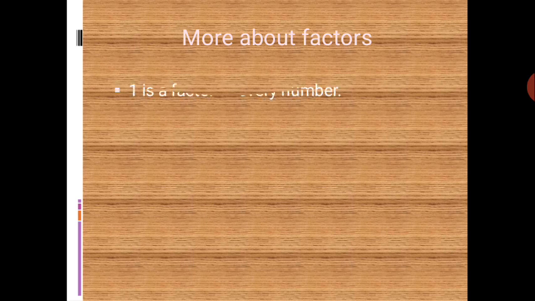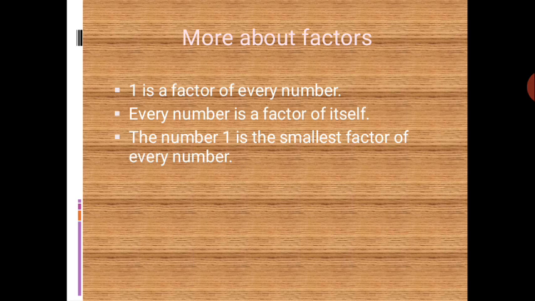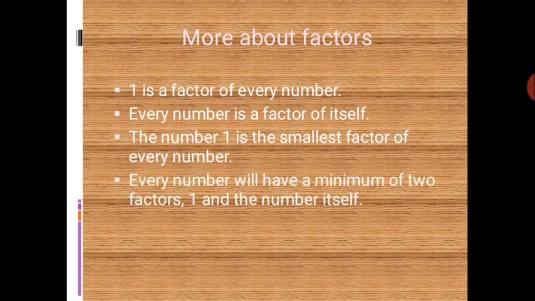So we can say more about factors, that 1 is a factor of every number and every number is a factor of itself. The number 1 is the smallest factor of every number. And the last thing, every number will have a minimum of 2 factors, 1 and the number itself, except 1, because 1 has only 1 factor.